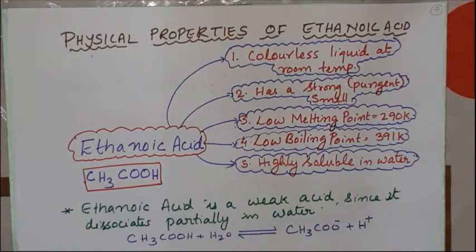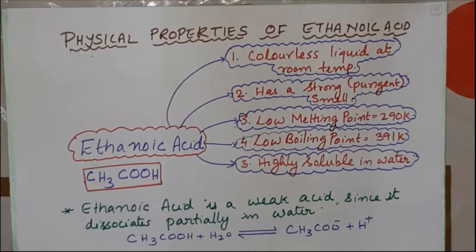Hello students, let's start with the next concept in chemistry, that is carbon and its compounds in the class 10 science textbook. In the previous session I explained the properties and chemical reactions of ethanol.